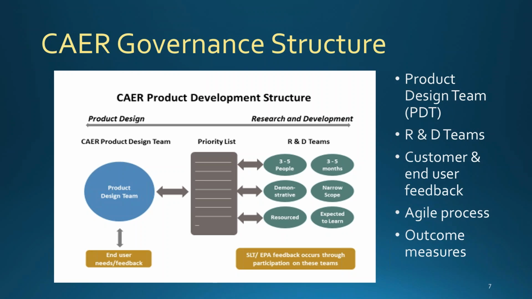And the figure C here illustrates the structure of this product design team. And it consists of state and local tribal programs and EPA personnel on the product design team. It's a 12-member team.